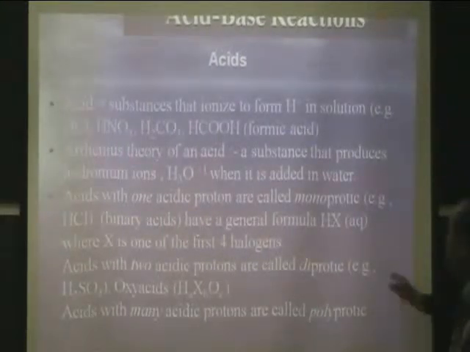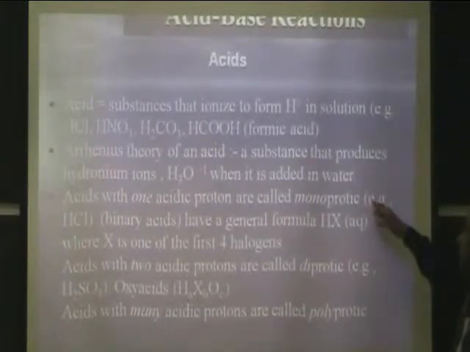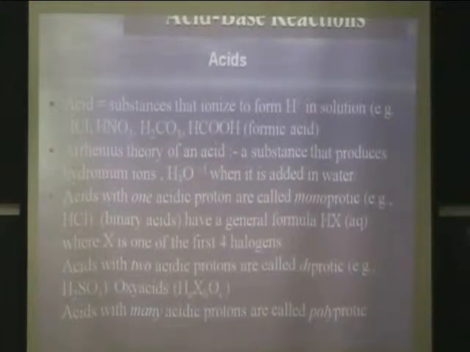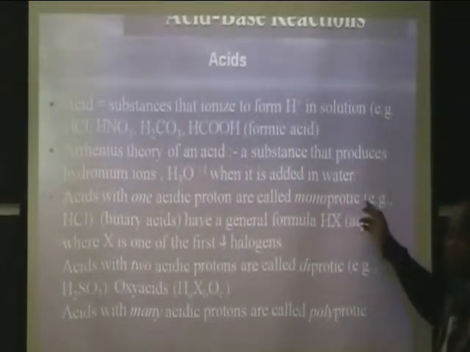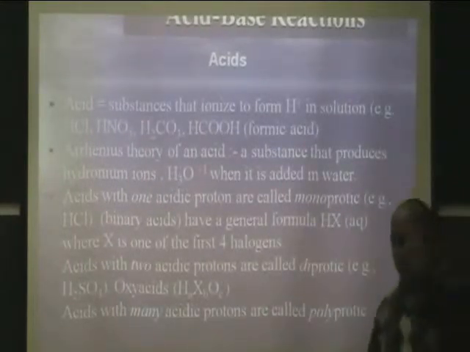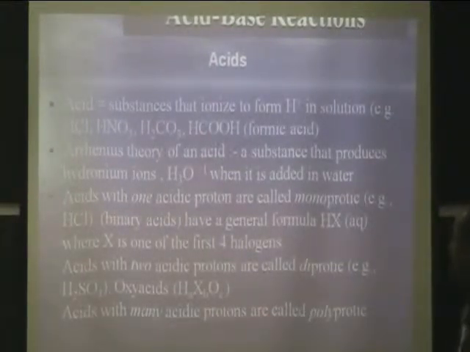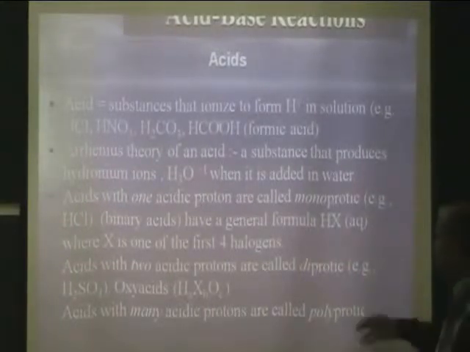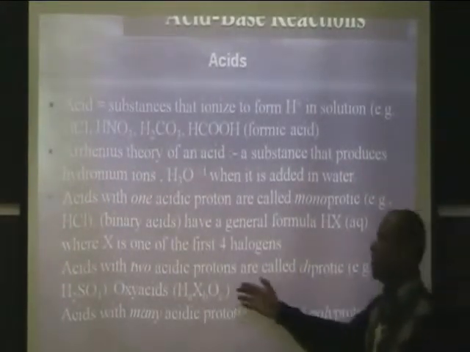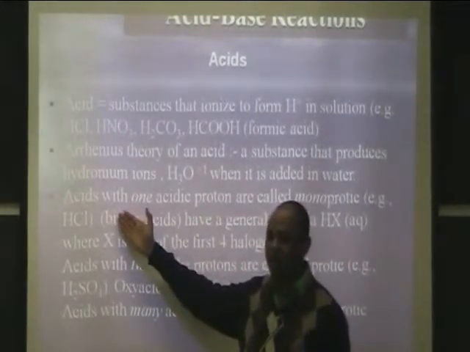There are also some classifications of acids. If you have one hydrogen ion, we call that monoprotic. I want you to remember that, monoprotic. Monoprotic means it's an acid that has one hydrogen ion in it. Then there are diprotic acids. By the way, the word binary is a traditional name. Don't get confused with bi.